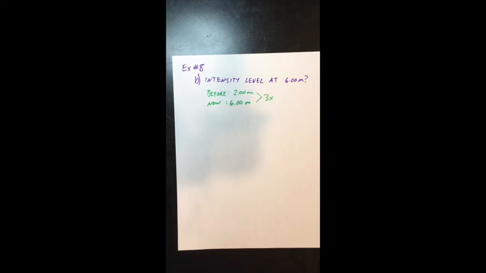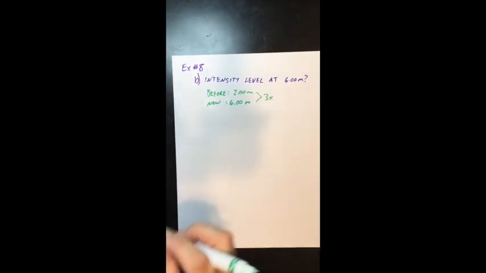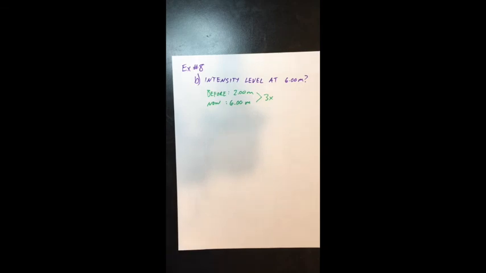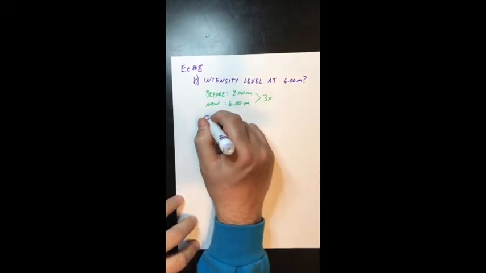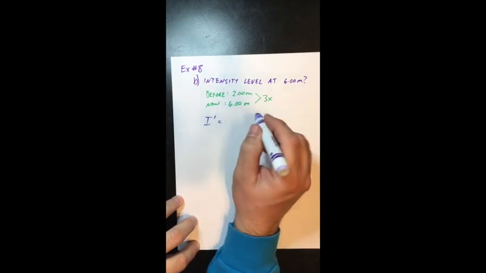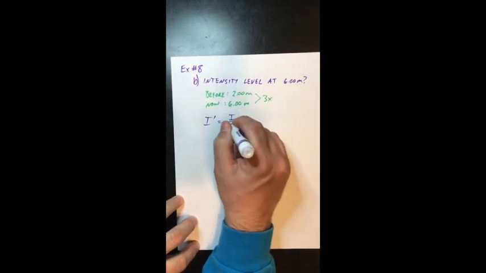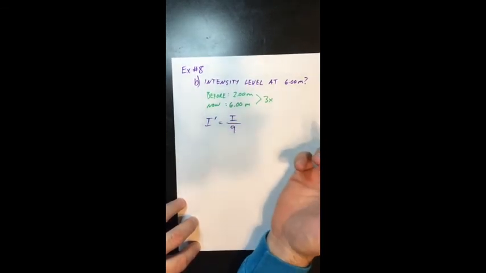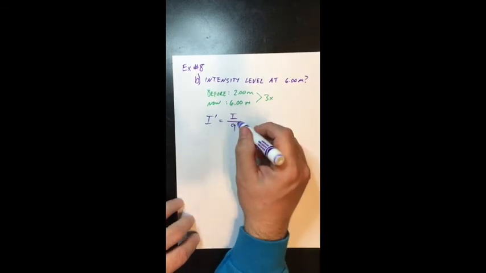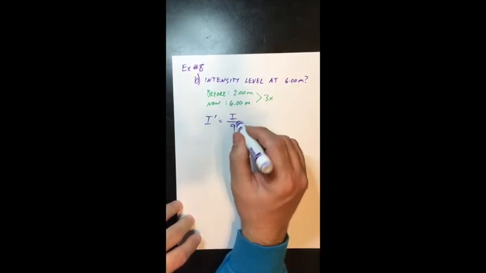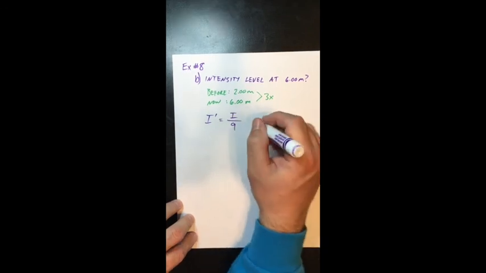Okay, so the radius has tripled, the surface area has increased by a factor of 9. So if we want to calculate our new intensity, I prime is going to equal that original intensity at 2 meters divided by 9. We've increased the surface area by a factor of 9, so we need to divide by 9.